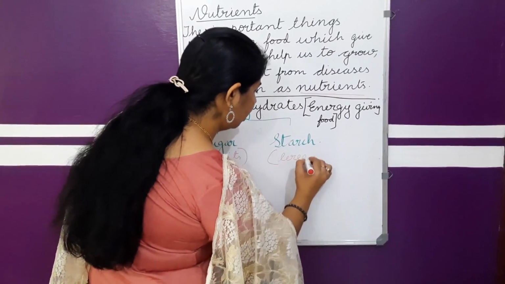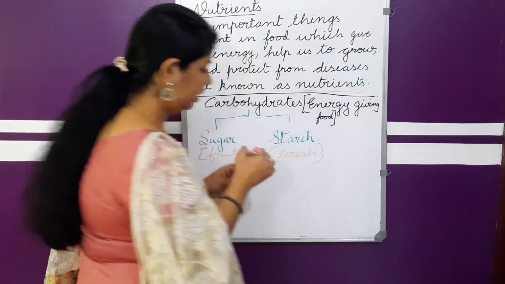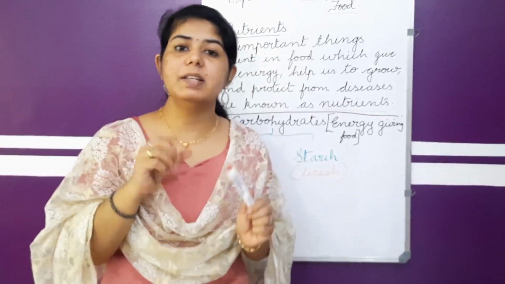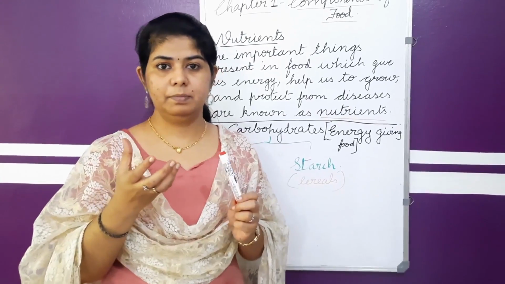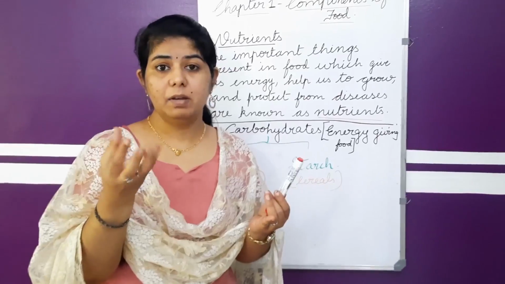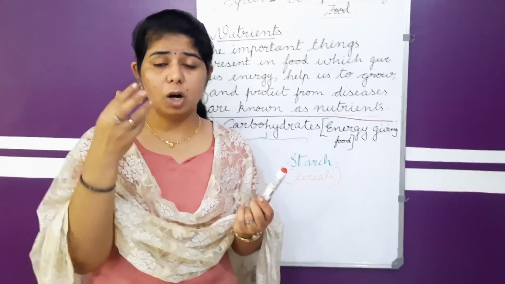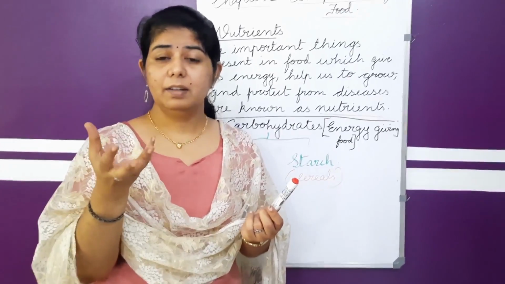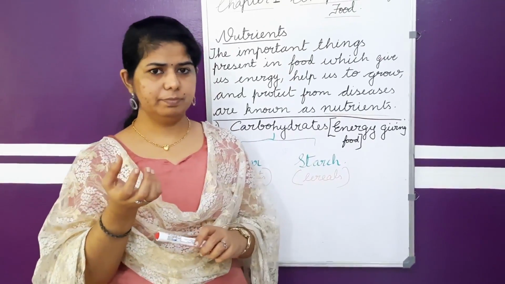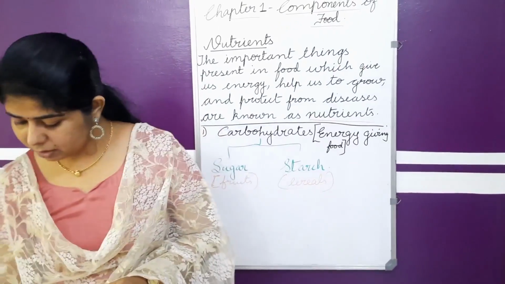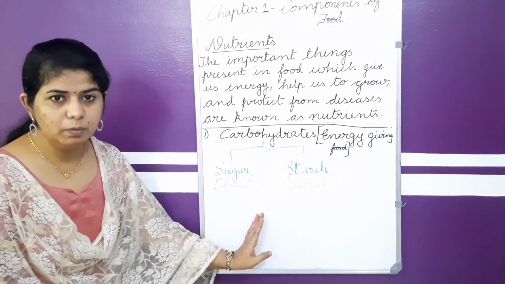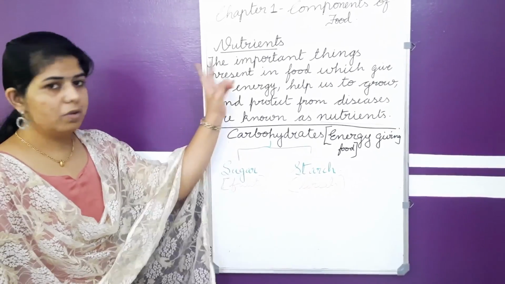Cereals together we call the rice, wheat, maize. All those together, the common name given is cereals. Arivarga. They are known as godam, ari. Then maize, corn, choda, barley, ragi. All those things contain this starch. Okay. So they are the two types of carbohydrates. Hope you understood these two things.